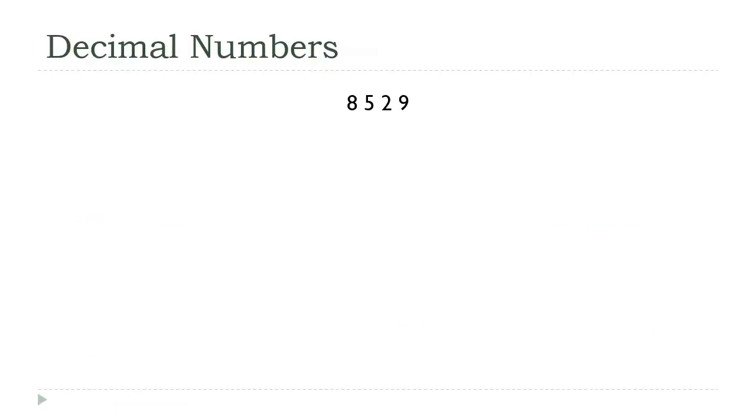So far, all of the integers that we've been looking at have been the so-called decimal numbers that we're all used to using. In the decimal system, each digit represents a certain power of 10.